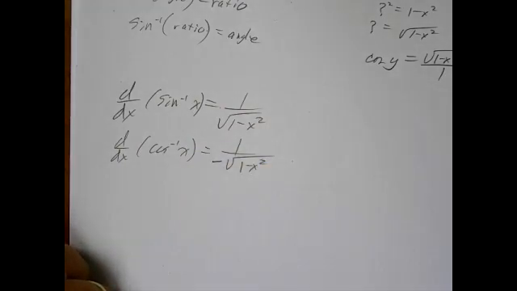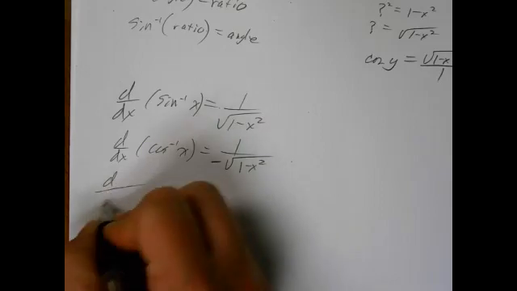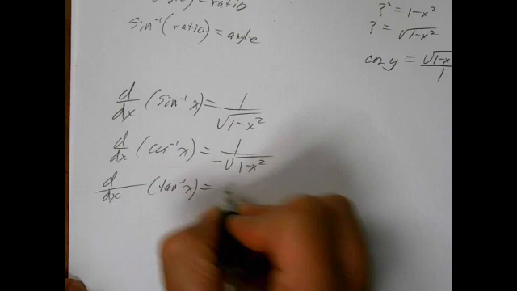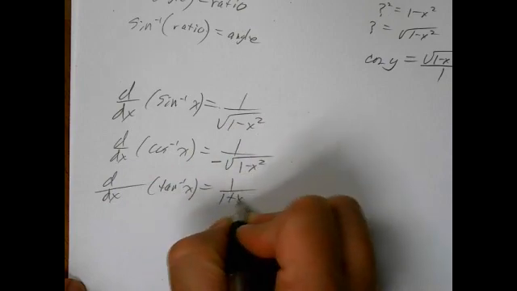And you're going to see this pattern a lot. For an inverse trig function versus its inverse co-function, one will have the negative where the other one does not. That's very typical. So the derivative with respect to x of the arctan is 1 over 1 plus x squared.